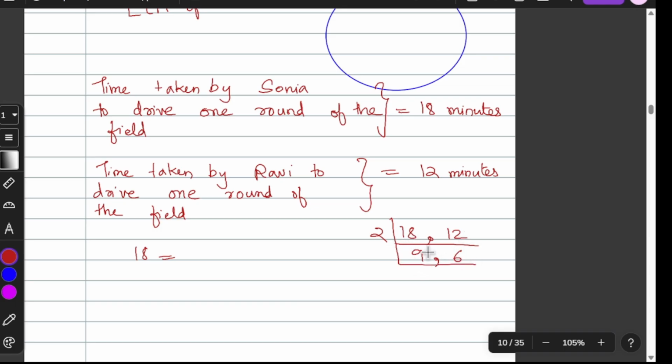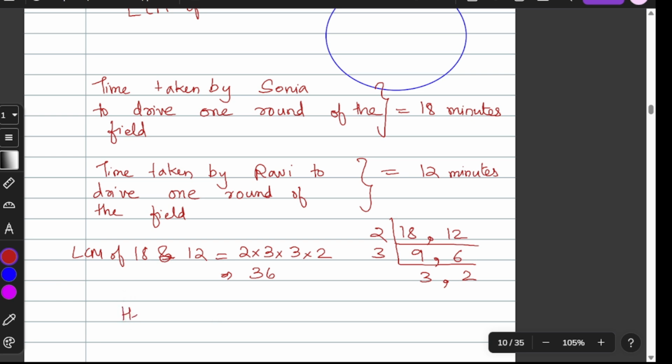Again, both the numbers are divisible by 3. I got 3 here and 2 here. So the LCM of 18 and 12 is equal to 2 into 3 into 3 into 2. What is the number? It is 6 into 6, which is 36.